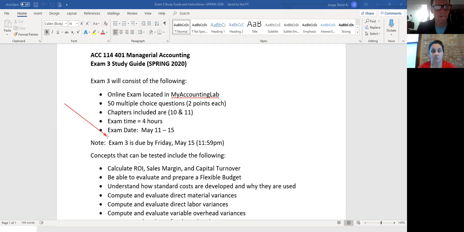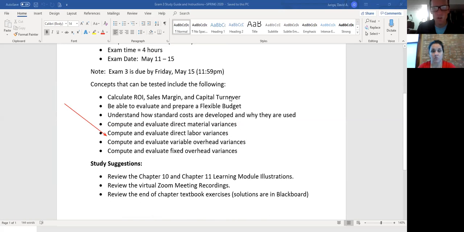Now, in terms of concepts, there's not a lot of volume. It's only 2 chapters. I think chapter 10 was pretty easy for most of you. You had to do the ROI, sales margin, capital turnover, and we had the flexible budget. I hope you go back and look at either the Zoom recordings or the other recordings in Blackboard.